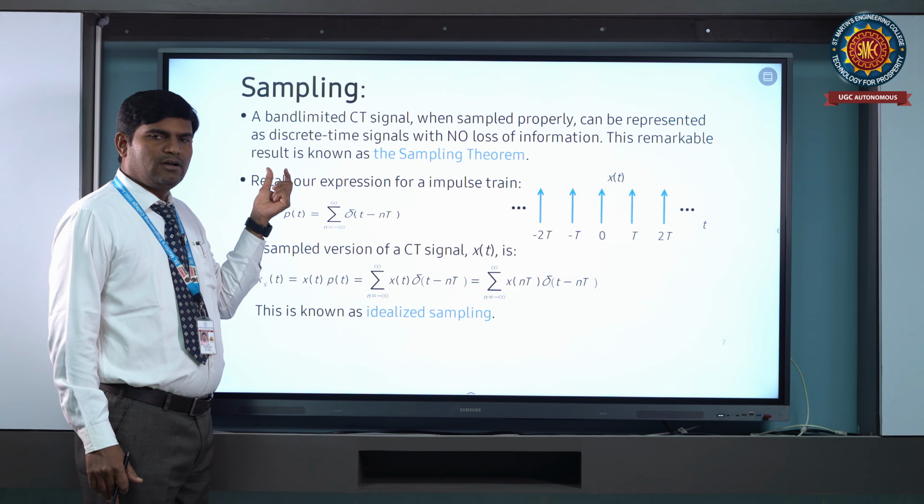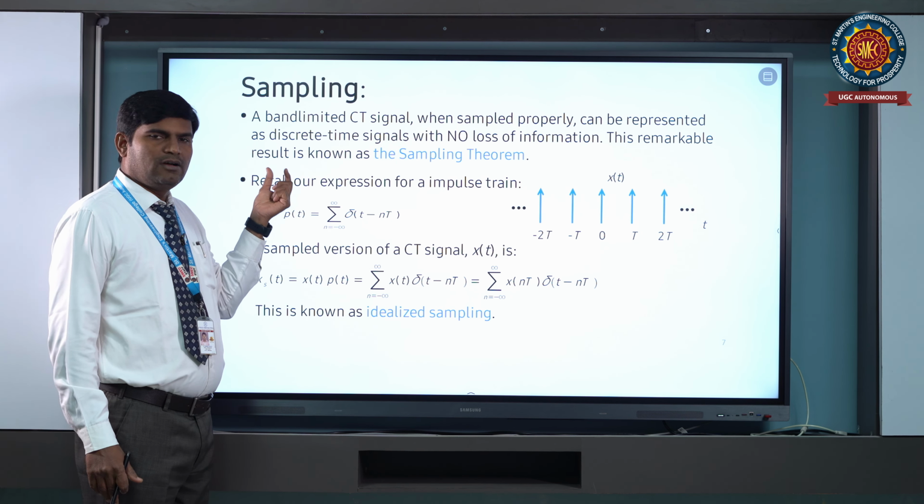So it is 1 by T times the summation of the Fourier transform of x(t) multiplied by e power j k omega naught t, which is nothing but 1 by T times the summation of X(e power j(omega minus k omega naught)).